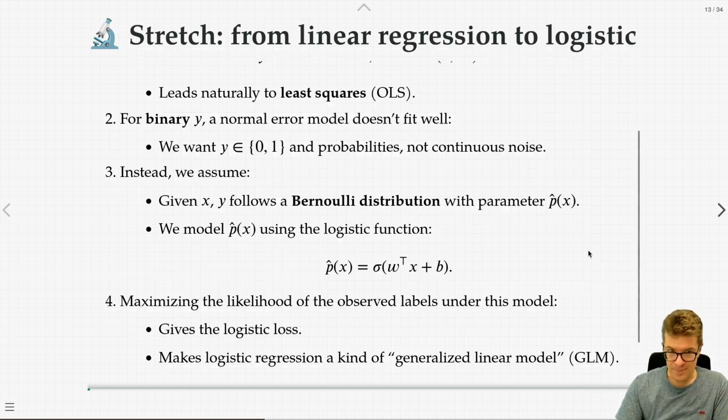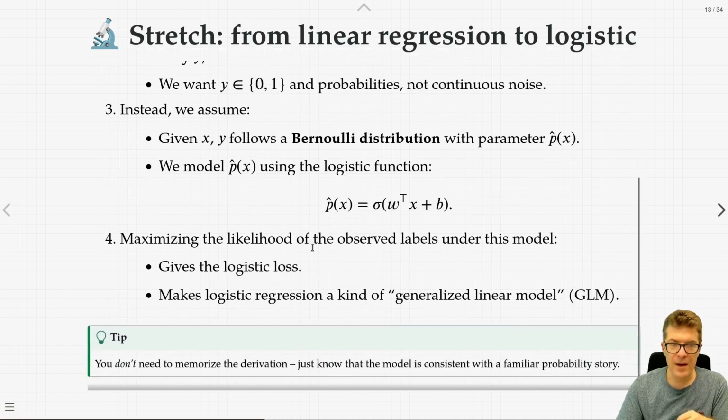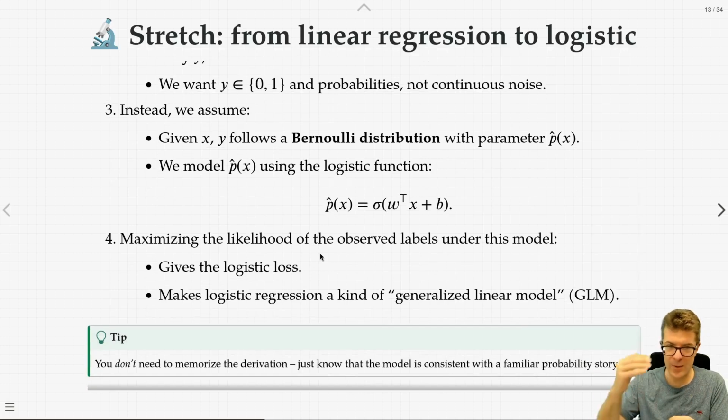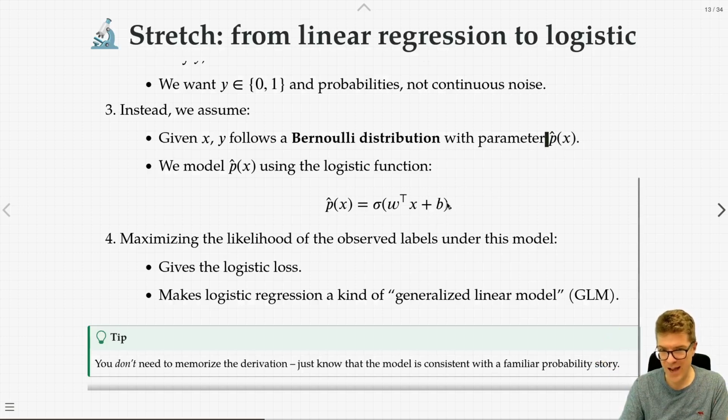And we call that p hat. So we can model p hat using this logistic function, which we defined a moment ago. And we know we can because the probability of data point input x belonging to class 1 is p hat, and the probability that it's class 0 is 1 minus p hat, which follows the Bernoulli distribution.